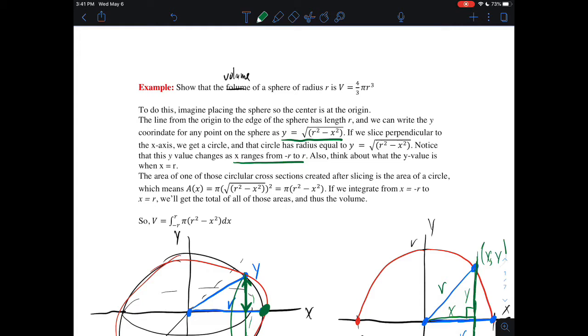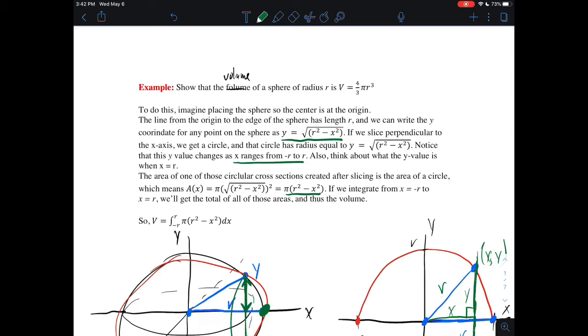So the area of one of those circular cross sections created after slicing is the area of the circle, which means capital A of x for our purposes will be pi times the quantity square root of r squared minus x squared, squared. And when you square a square root, that leaves you with A of x is just pi times r squared minus x squared.